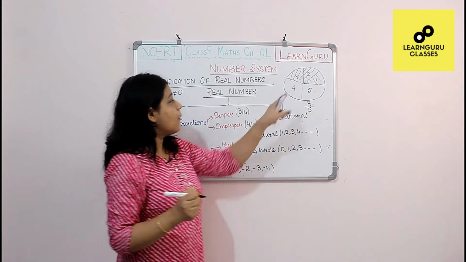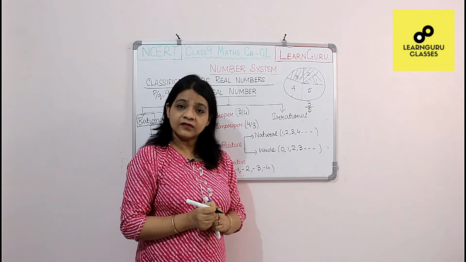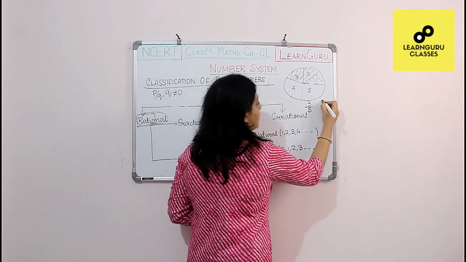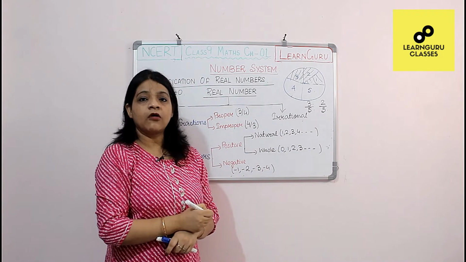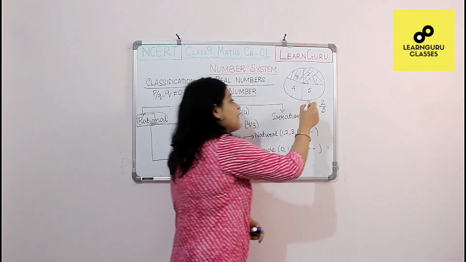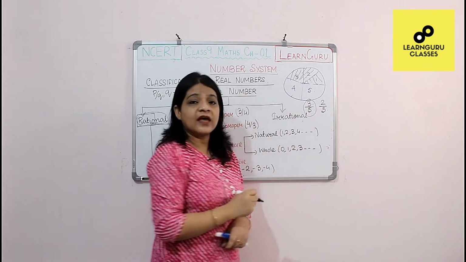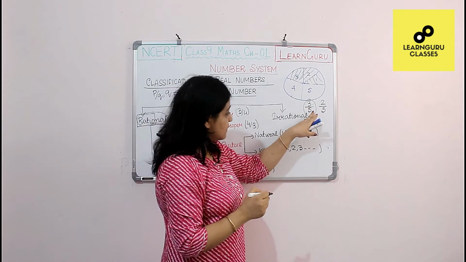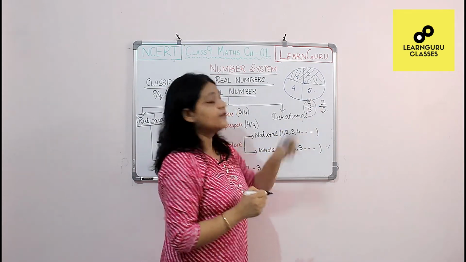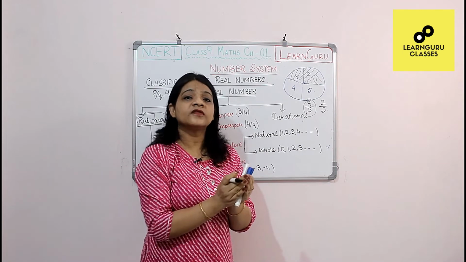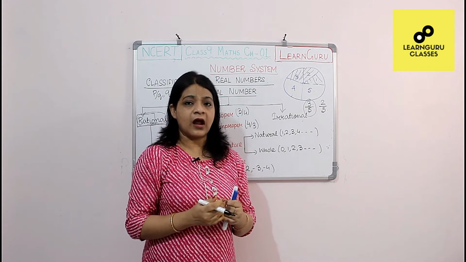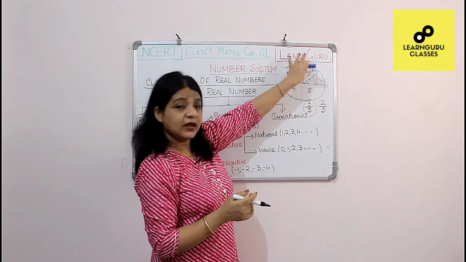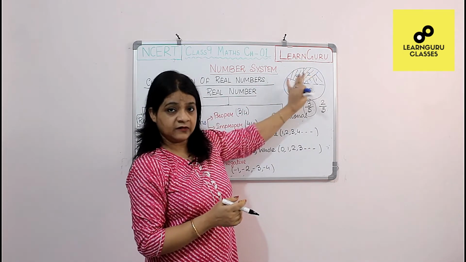Okay. So how many pieces have I kept for myself? I have kept 2 by 5 for myself. So in 3 by 5, the total number of segments is denoted by 5, and 3 denotes the number of segments you want to give to somebody or keep for yourself. I am explaining for the case of this pizza.